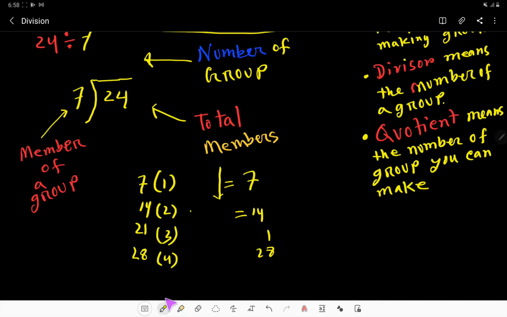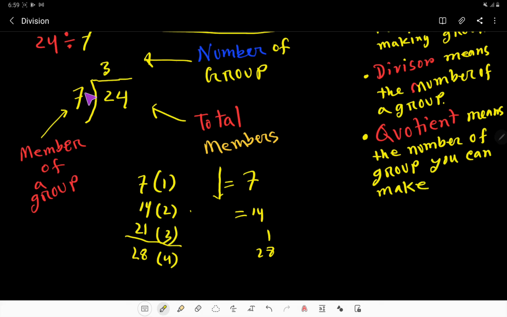Okay, so 28 is greater than 24. Since 28 is greater than 24, we cannot consider 4. So 7 goes into 24 3 times.